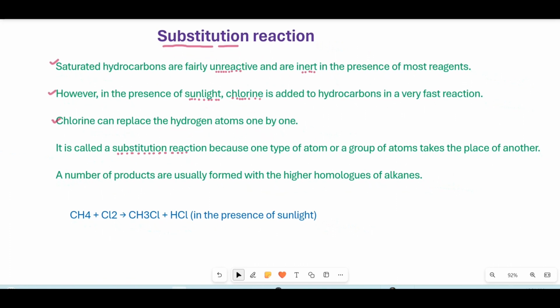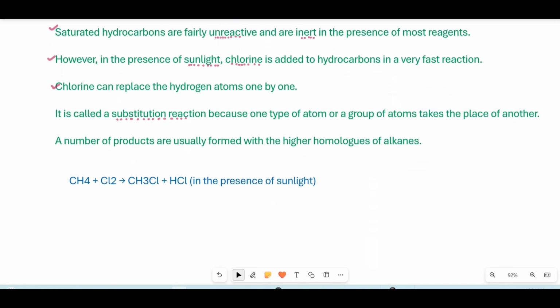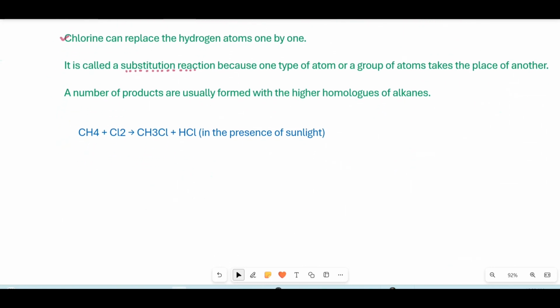Usually a number of products are formed with a higher homologue of alkanes. If you use different homologues of alkane like propane or butane, we get different types of product. But here we are going to show it with methane. So methane undergoes substitution reaction with chlorine. CH4 plus Cl2 gives CH3Cl plus HCl.